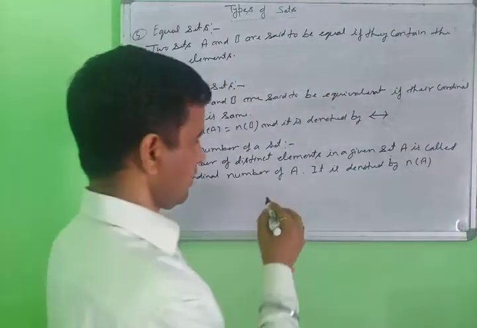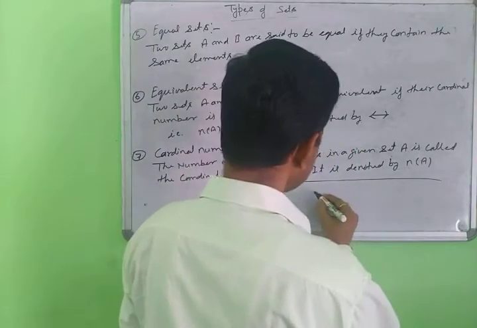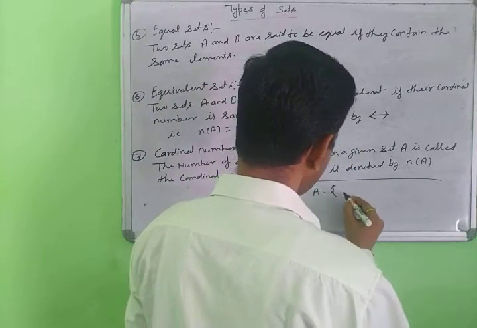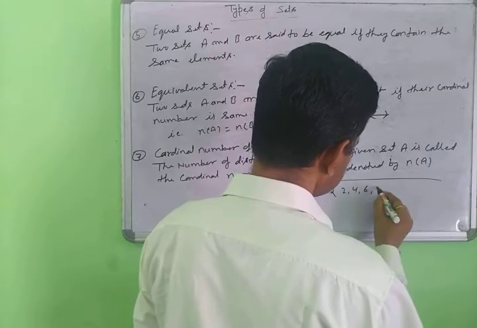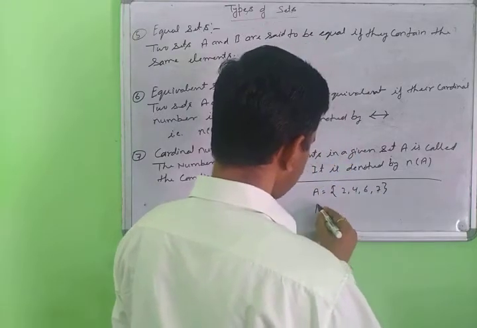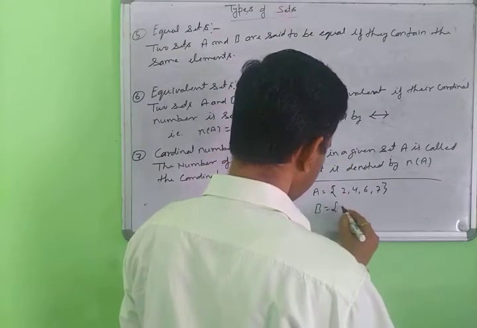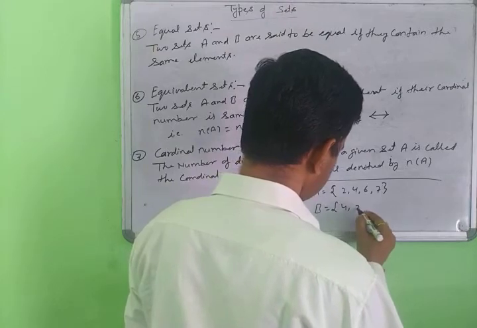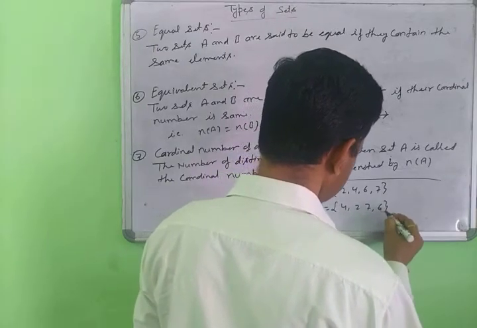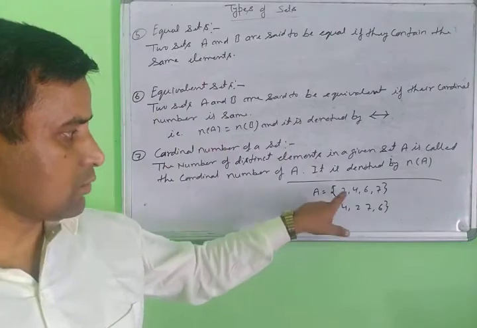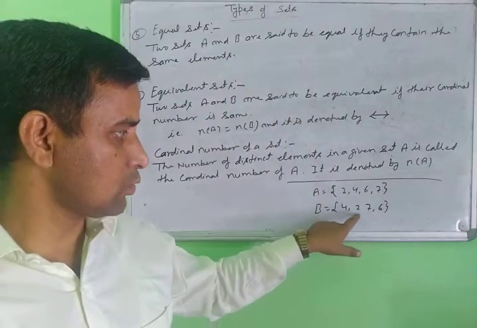Like an example here, suppose set A has 2, 4, 6, 7 and set B has 4, 2, 7, 6. Now look here, write 2, 4, 6, 7 and here write 4, 2, 7, 6.